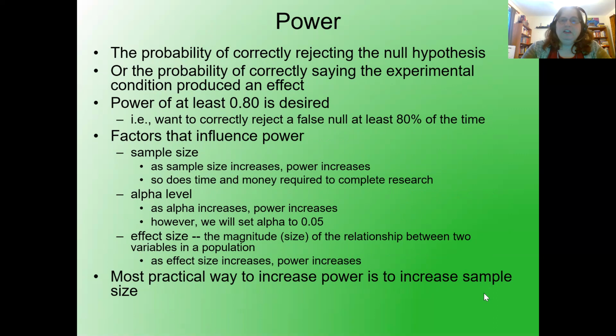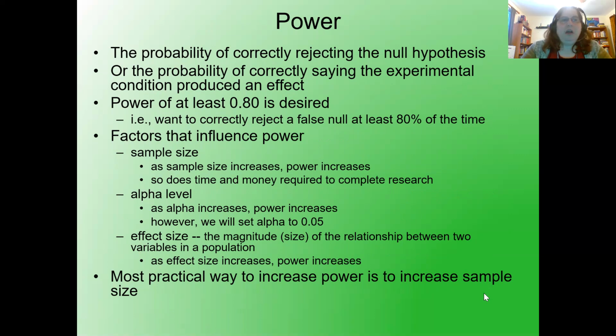And you're going to be allowed to do up to 30 participants per group, or 60 participants total. Okay. However, in general, when you're conducting a study, you want to consider power.